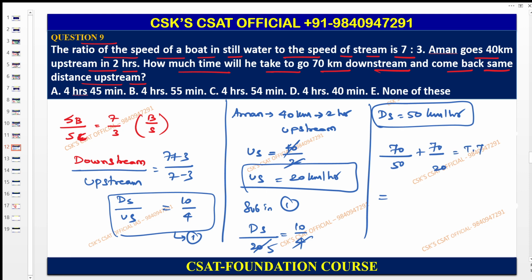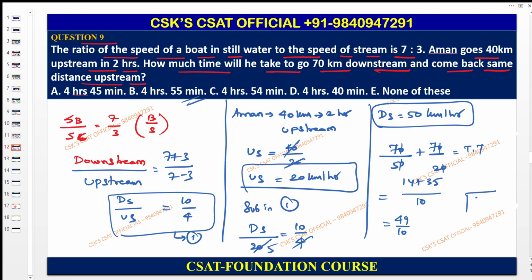Stream you can take as S, or else current C also. If you are taking single letters, take it as S; in order to avoid confusion with W, you can take it as C. Anything is completely fine.